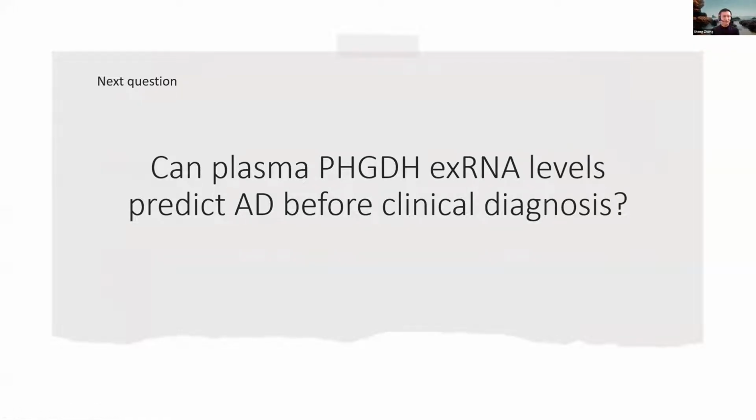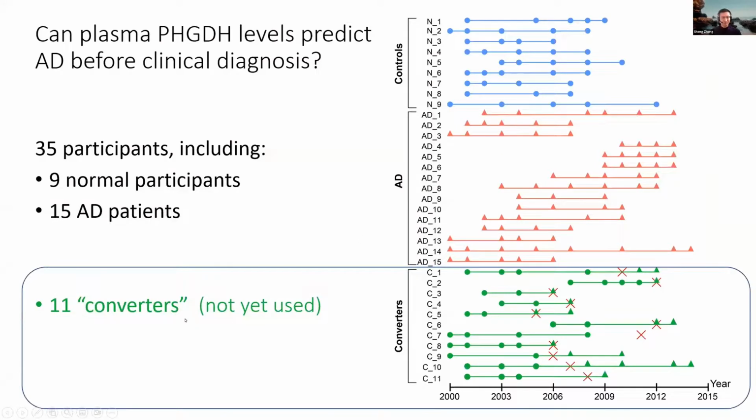That's the very last. I wanted to go back to the question: can plasma PHGDH extracellular RNA level predict AD before clinical diagnosis? After all, that was our hope. Is there any way to diagnose it early? Well, the person apparently is alive. You can't get to the brain. Can you have a quantitative way to identify the disease even before the symptoms develop?